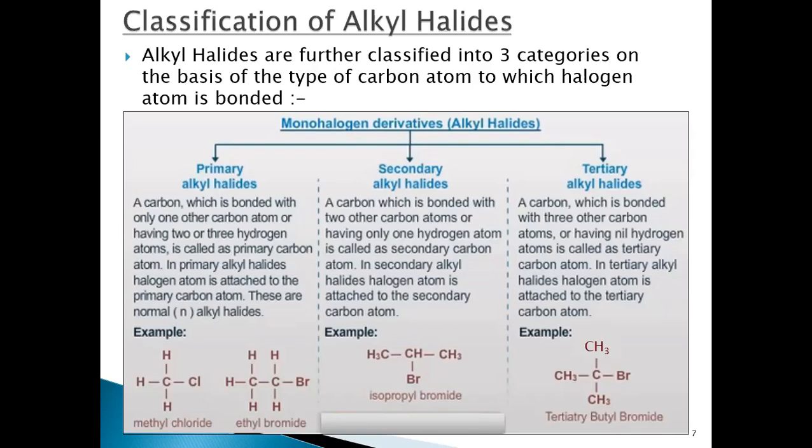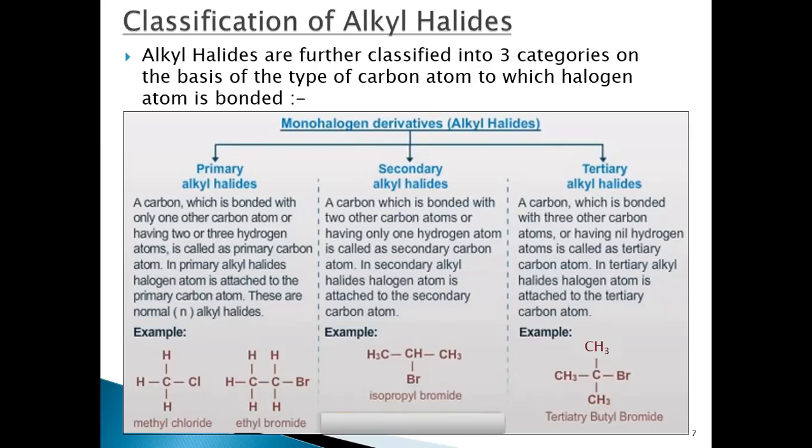Now come to secondary alkyl halide. A carbon which is bonded with 2 other carbon atoms is known as a secondary carbon. See here in the example isopropyl bromide. Here the carbon is attached with 2 other carbons and this is a secondary carbon, and the halogen is attached to the secondary carbon.